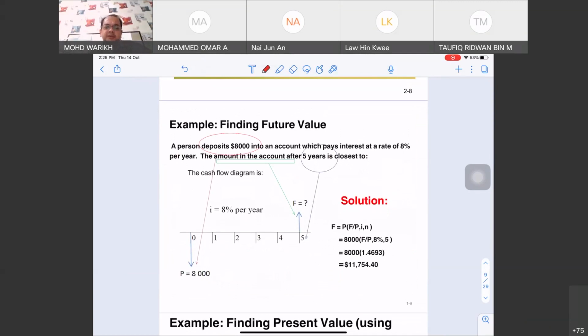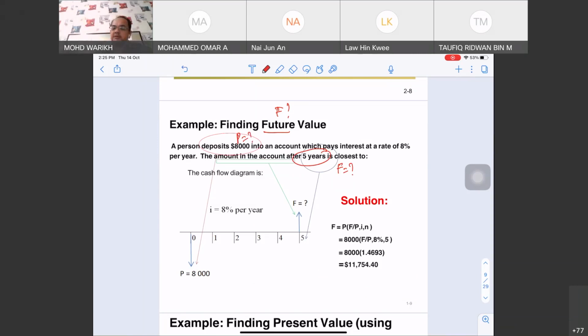Example, finding future value. So that means that we have to find the F. A person deposits 8,000 ringgit which pays interest at a rate of 8% per year. The amount in the account after 5 years is closest to, that means that you have to find F. 5 years, I is given.